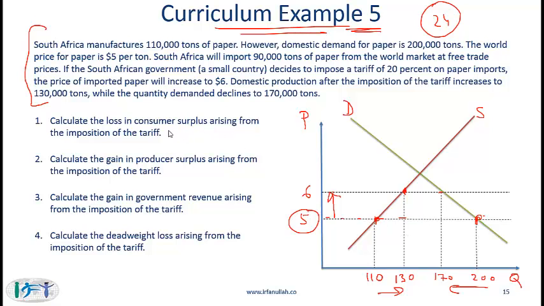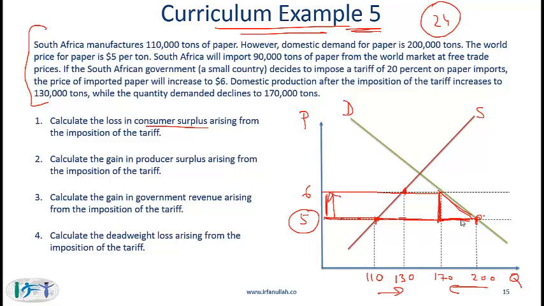Then, what is the loss in consumer surplus? We did this on the previous slide. The loss in consumer surplus is given by this particular area, which is a rectangle plus a triangle. The area of the rectangle is 170 times 1 plus this particular triangle, half base into height.